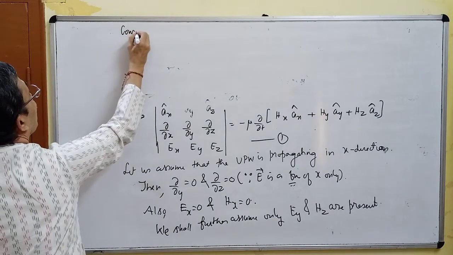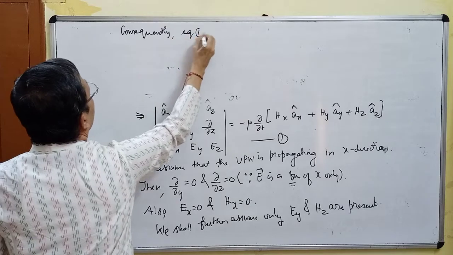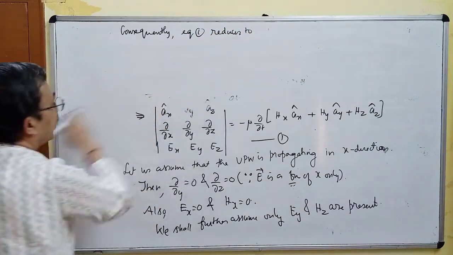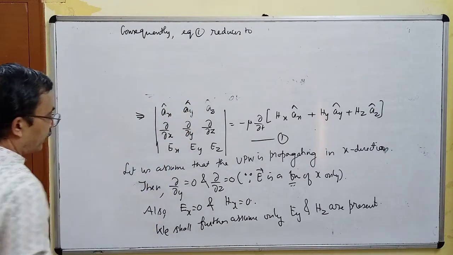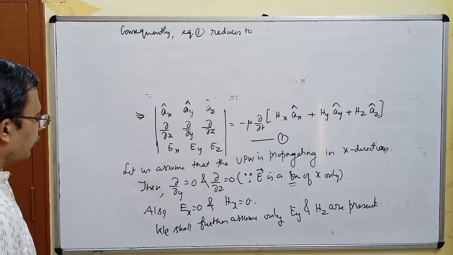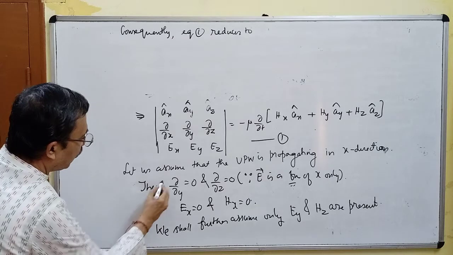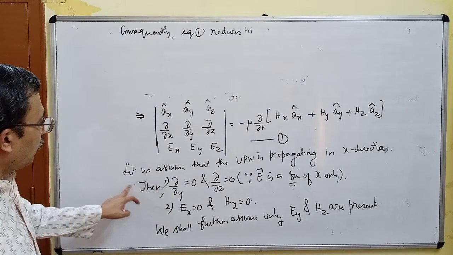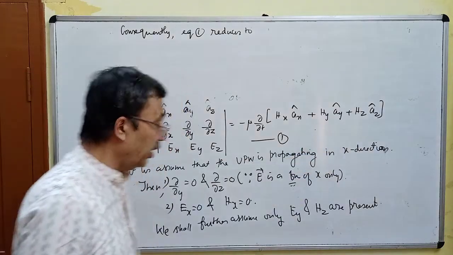Consequently, equation 1 reduces to, this I will write as 0.1, this I will write as 0.2. This is because a uniform plane wave is propagating in x direction.